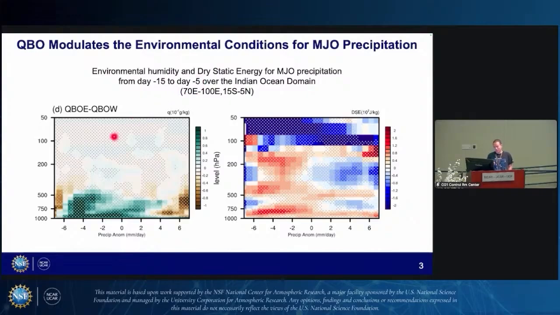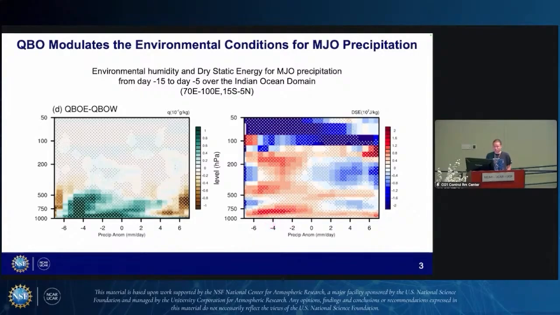And if you take the differences between the QBO easterly and QBO westerly phase, you'll find that for the mild to negative precipitation anomalies of the MJO convective system, in the middle to lower troposphere, you will see an overall wetting and warming signal here. It seems like some convective processes are happening here in the QBO easterly phase.